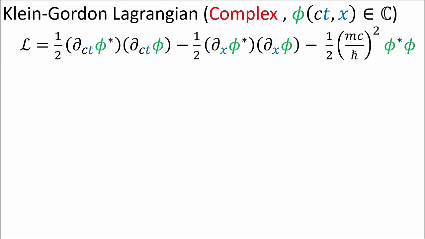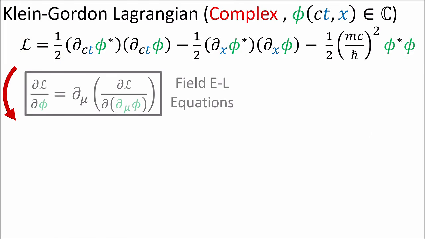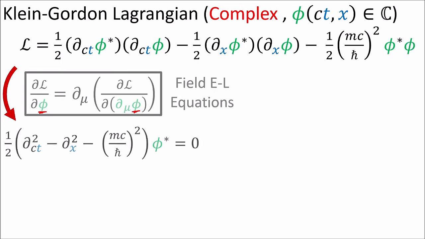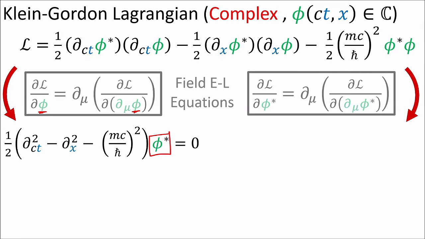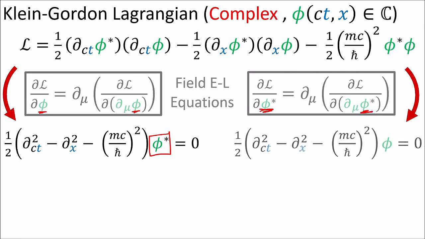So with this complex Lagrangian, if we put it through the Euler-Lagrange equation, varying with respect to phi, we get the Klein-Gordon equation for phi star. But we can also put this Lagrangian through the Euler-Lagrange equation, varying for phi star, and we get the Klein-Gordon equation for phi. So we actually get two Klein-Gordon equations here.